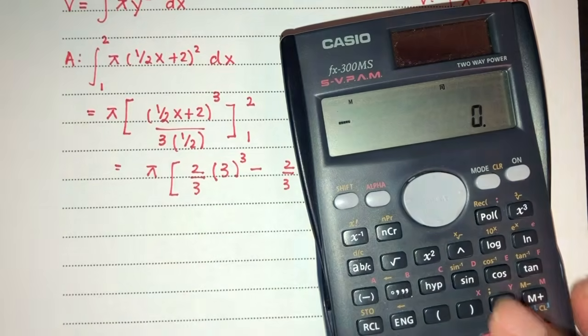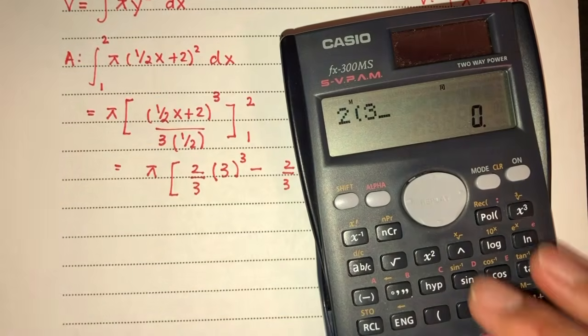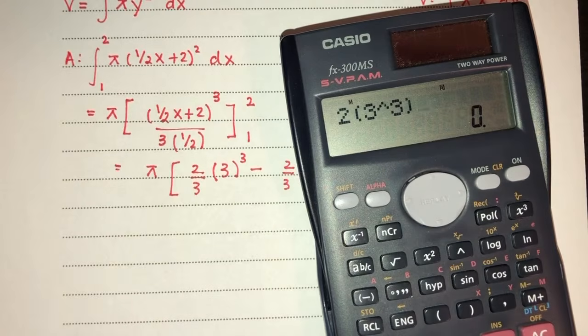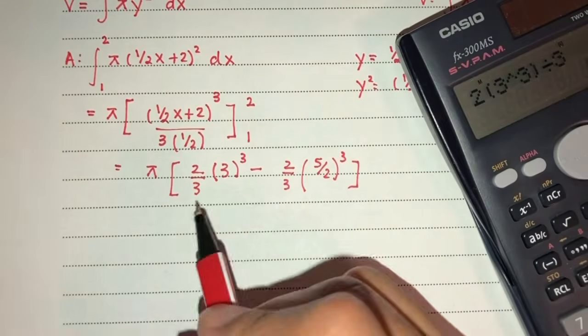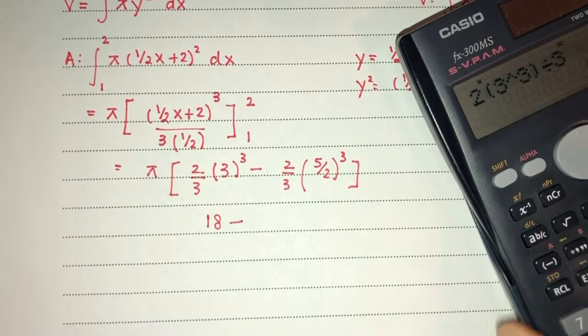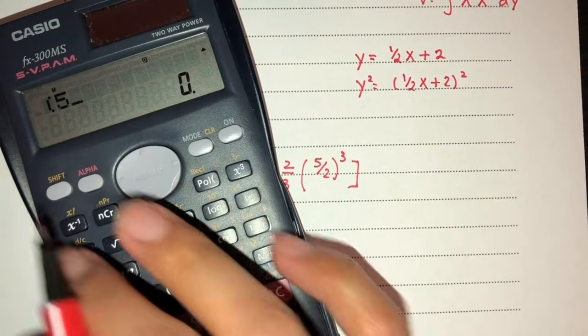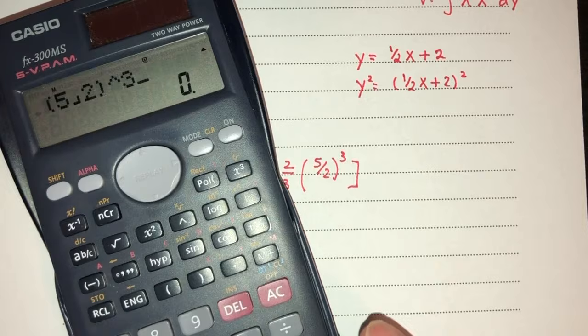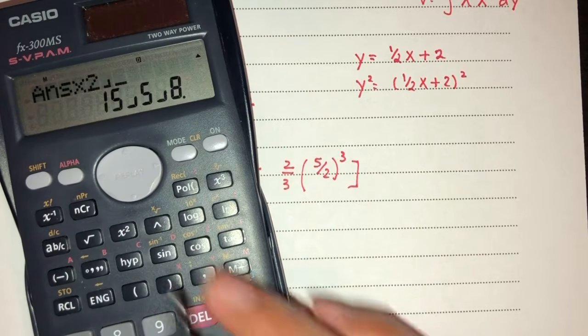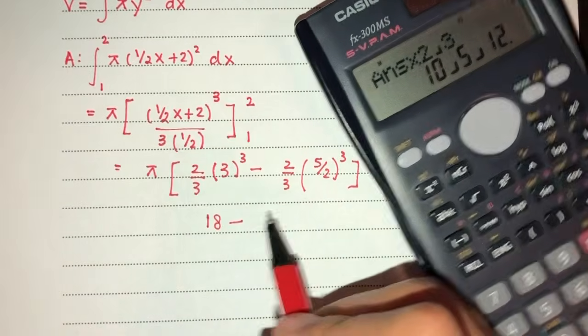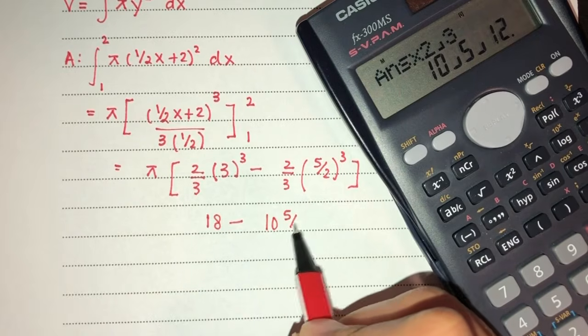So for the first one, it is 2 times 3 power 3 divided by 3. That should be 18, minus 5 over 2 power 3 times 2 over 3. That should be 10 5 over 12.